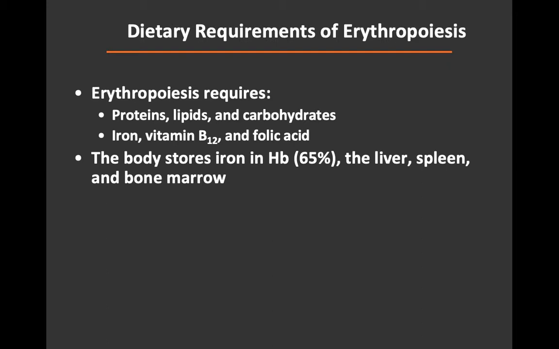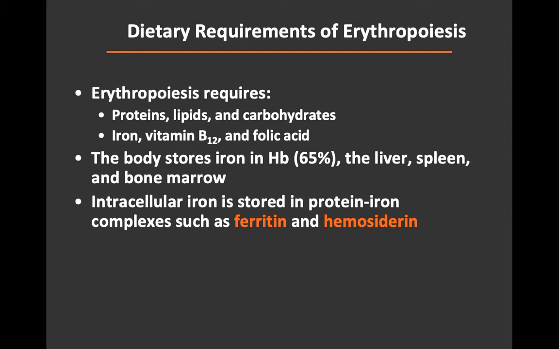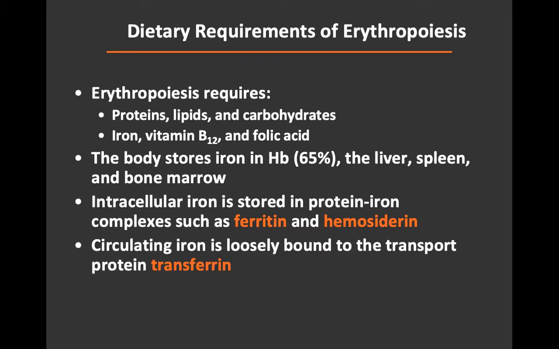So we have iron in hemoglobin, we have iron stored in the liver and in the spleen and in the bone marrow. So iron, when it is stored inside a cell, is going to be bound to a protein, and that protein complex is referred to as either ferritin or hemosiderin, depending on which cells the iron is stored in.